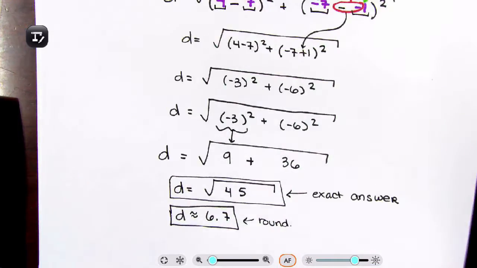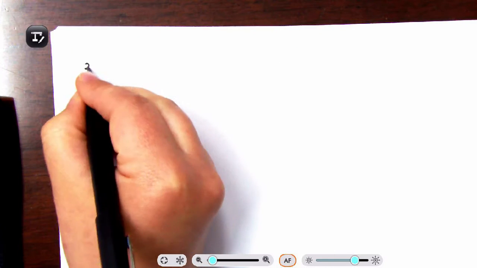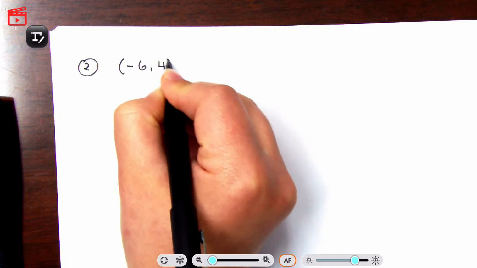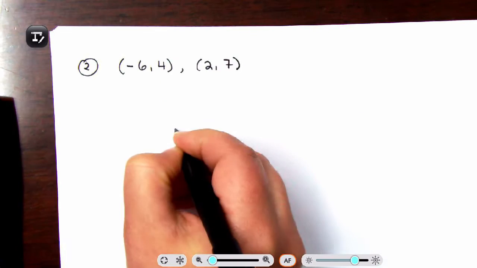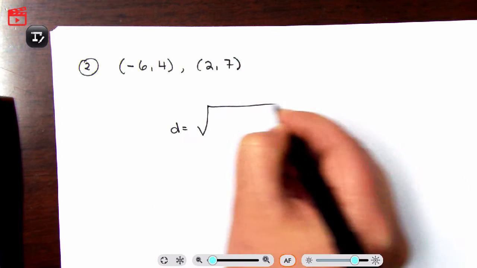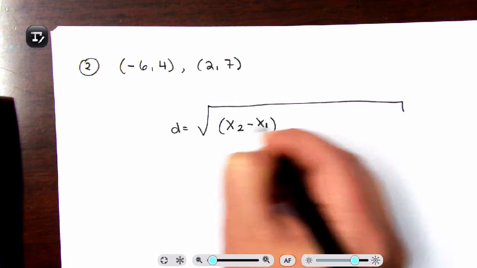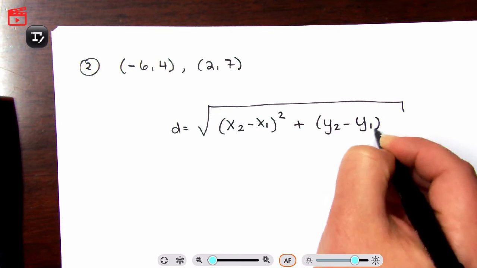All right, let's go ahead and do another one. For question number 2, we're again going to give you our points: -6, 4, and 2, 7. You're going to write out your formula: big square root, x2 minus x1, quantity squared, plus y2 minus y1, quantity squared.